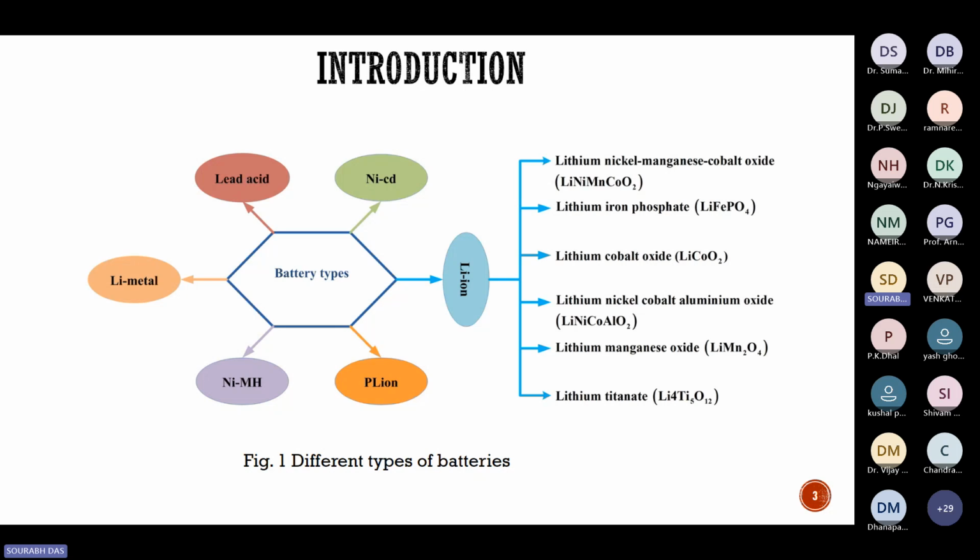Then nickel cadmium batteries. It is known for its ability to handle a large number of charge discharge cycles, and as it has more lifespan, it can be used in EV application. But the problem is that it suffers from the memory effect, where the capacity is reduced when it is not fully discharged before charging.